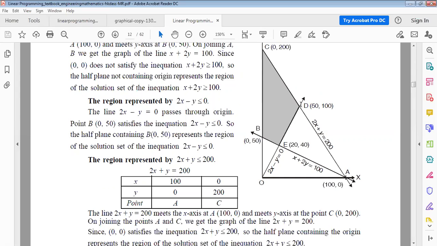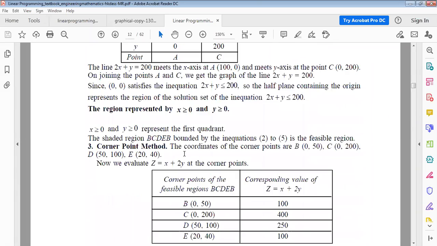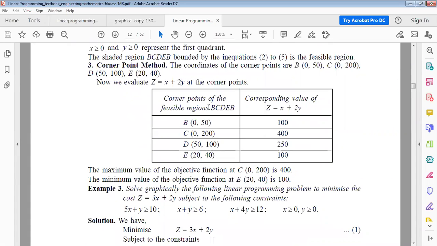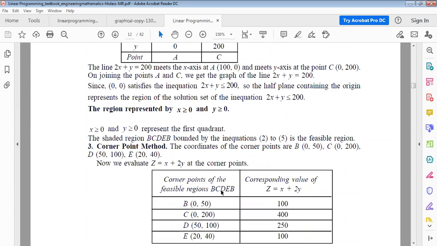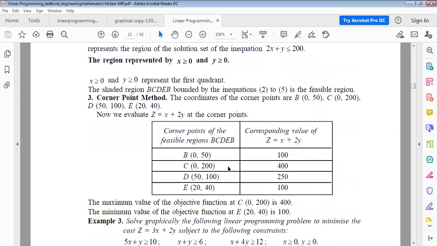Just solving the second and third, we get this D, and solving the first and second constraints, we get this E point. So the corner points of the feasible region are B, C, D, E, which are (0, 50), (0, 100), (50, 100), (20, 40).